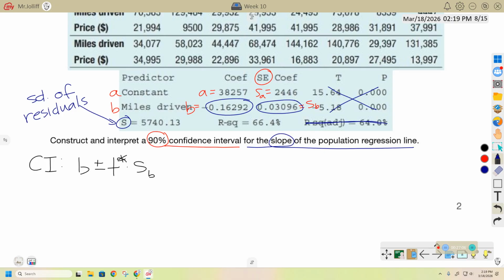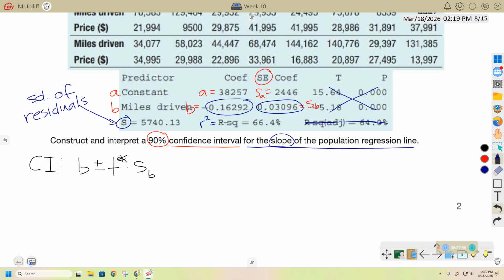Otherwise, it would have a subscript, yeah. That S is the standard deviation of residuals. And this is what it sounds like. This is R squared, my coefficient of determination. So my coefficient of determination is 0.664. If I wanted my r, my correlation coefficient, I would take the square root of 0.664.